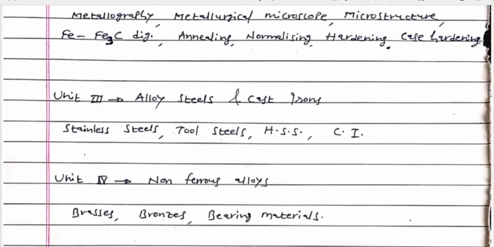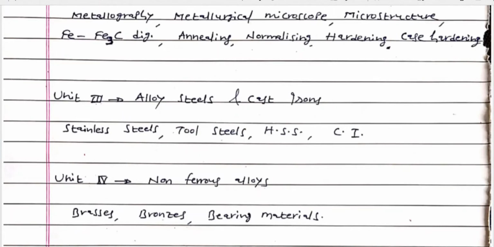Unit 3 will be consisting of alloy steels and cast irons. So in unit 2, only about the plain carbon steels we will be making discussion. Alloy steel means apart from carbon, if any other alloying element like silicon, chromium, tin, etc. are intentionally added, it is termed as alloy steel.